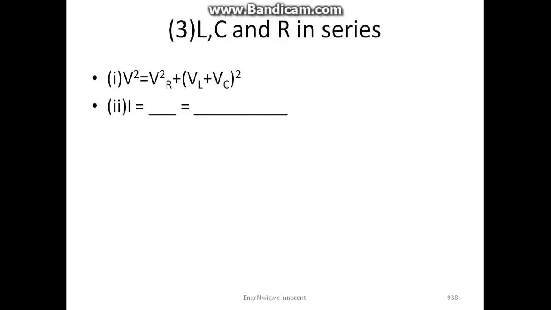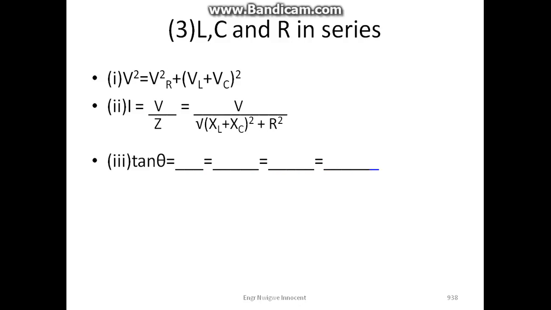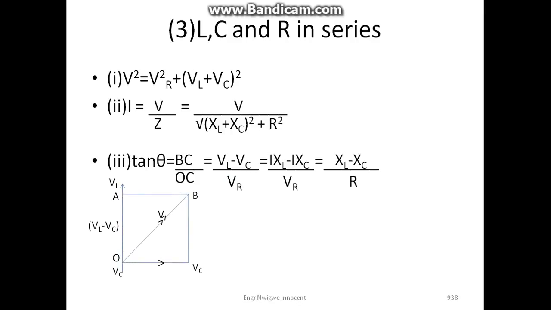I equals V over Z, which equals V all over square root of ((XL minus XC) squared plus R squared). tan θ is equal to VL minus VC all over VR, which equals IXL minus IXC over IR, which equals XL minus XC all over R. Figure 4.37 shows the vector diagram.